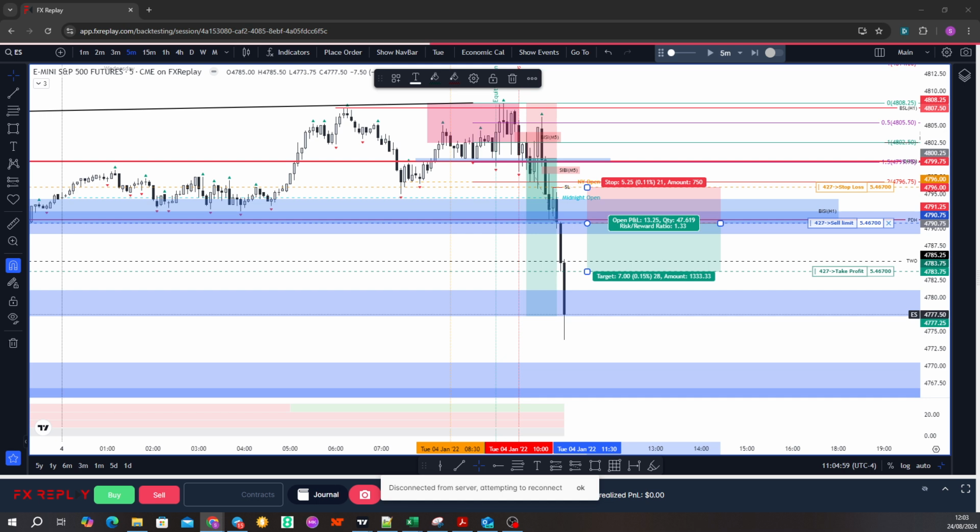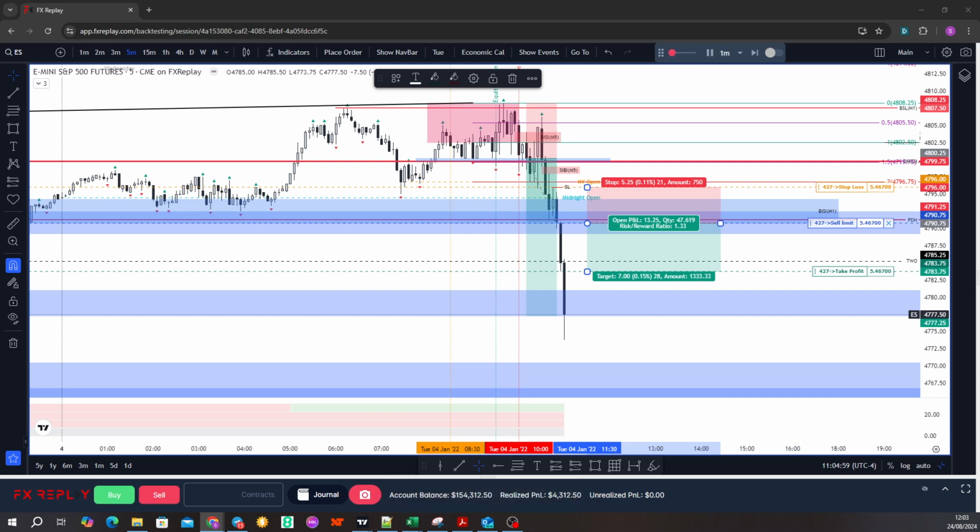In addition, after the purge, I noted a PSP H1 which was confirmed and validated. This set the stage for lower prices.